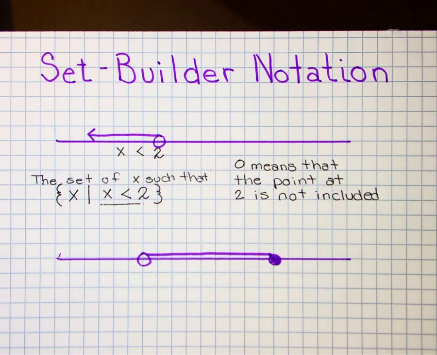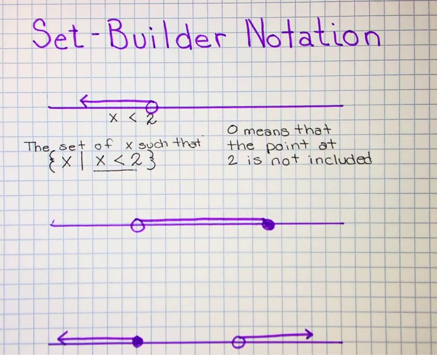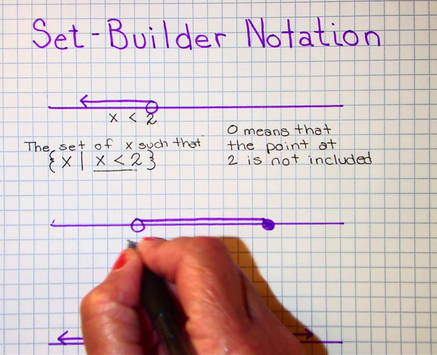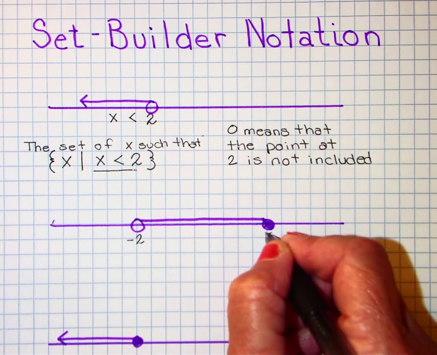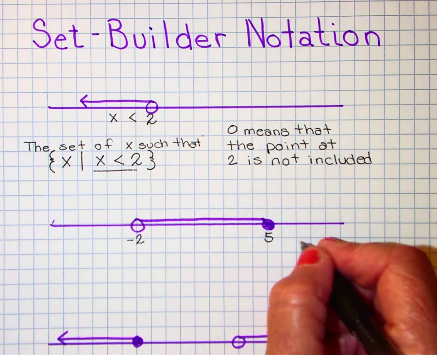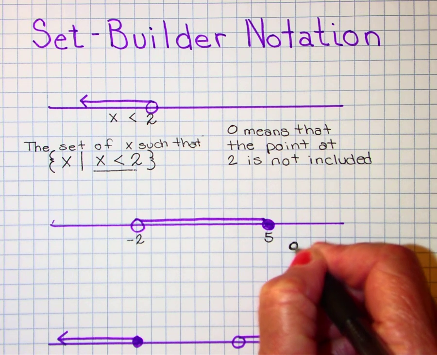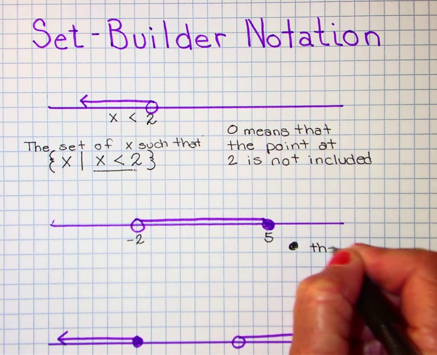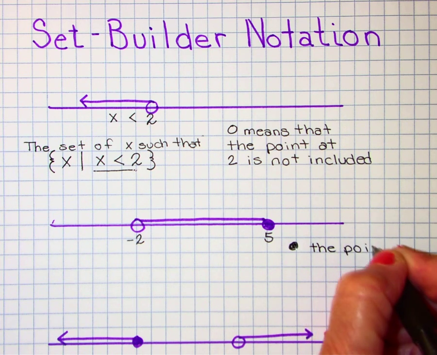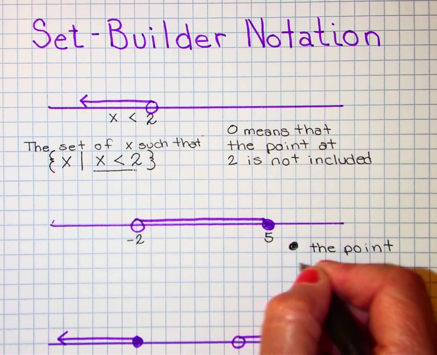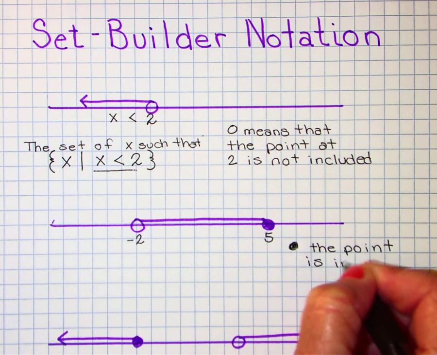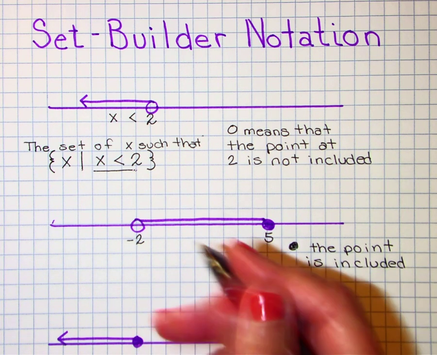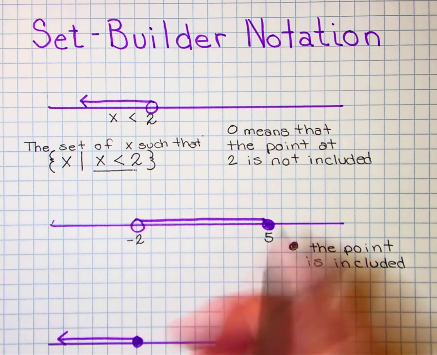Okay. The next graph is one where we're sandwiching the X in. So let's call this -2 and this 5. Now we have the closed dot. The closed dot here stands for the point is included. When we have something like this, it works almost like a sandwich.